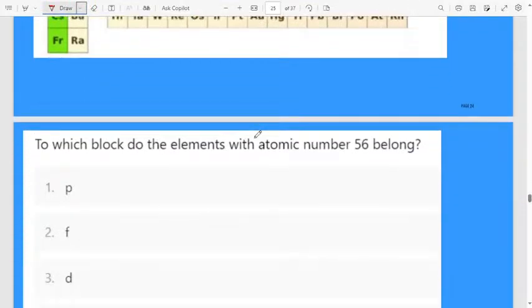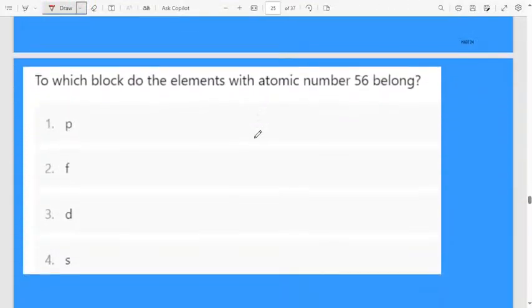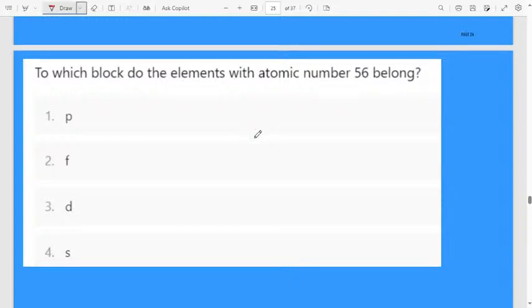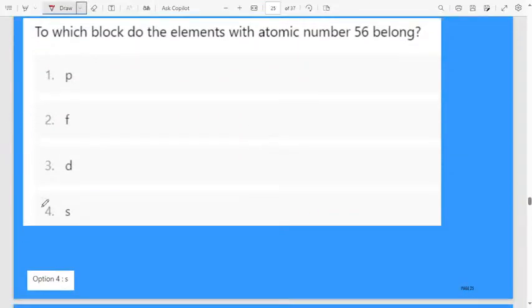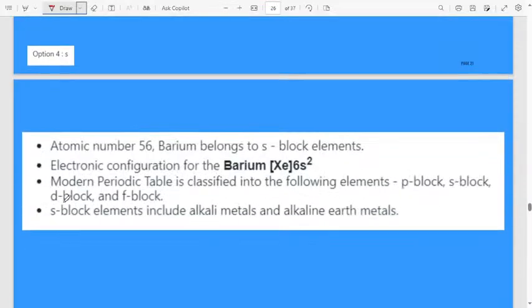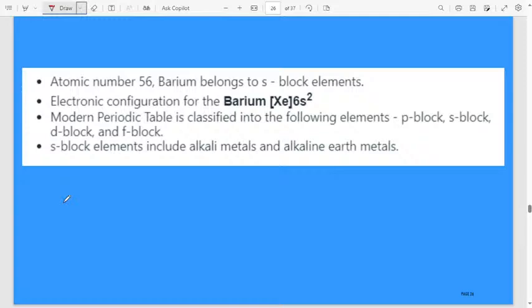Next, to which block does the element with atomic number 56 belong? Atomic number 56 belongs to S block elements.